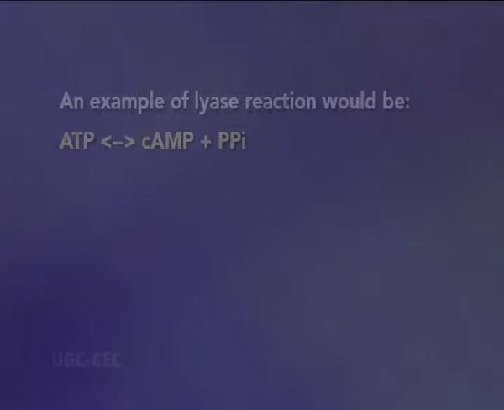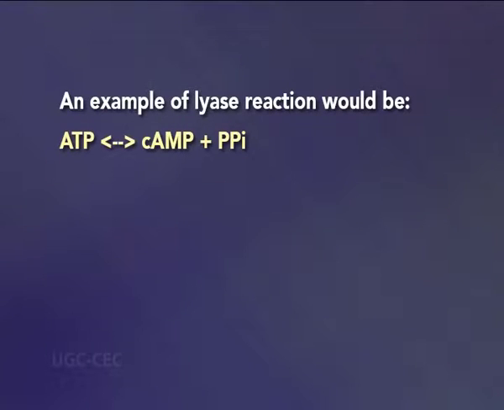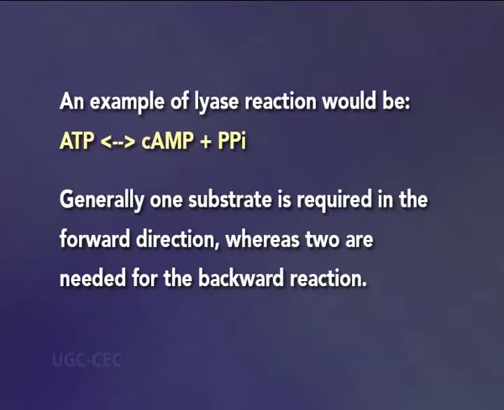These are often referred to as synthetase enzymes. An example of a lyase reaction would be ATP gives rise to cyclic AMP plus PPi. Generally, one substrate is required in the forward direction, whereas two are needed for the backward reaction.